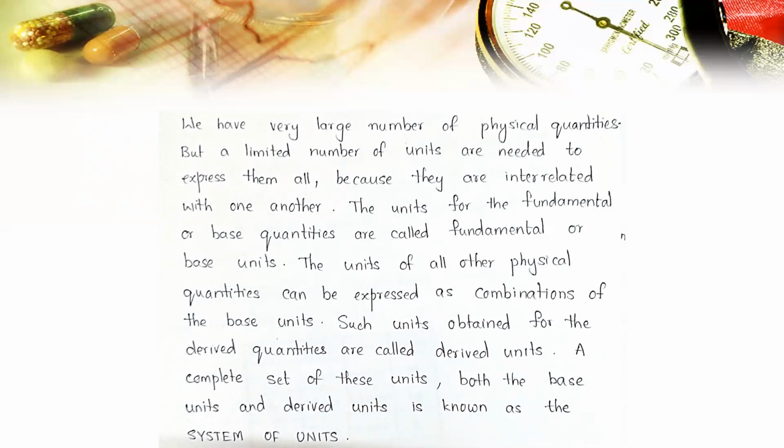For example, to measure the distance we use meter, and to measure the time we use second. Therefore, the measurement of velocity is meter per second. That means they are interrelated with one another.